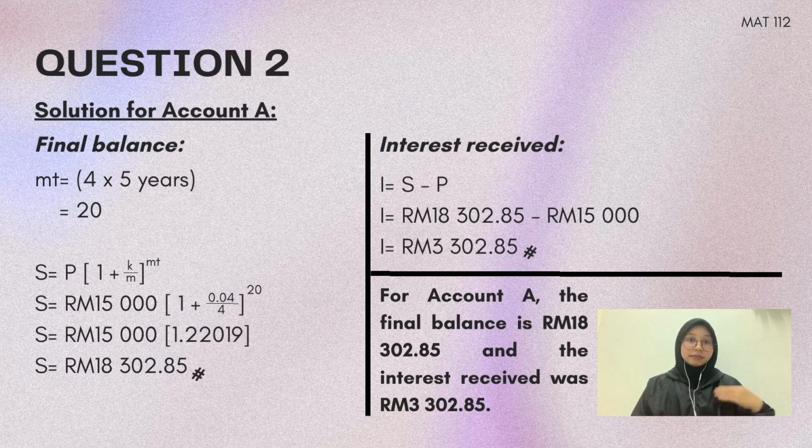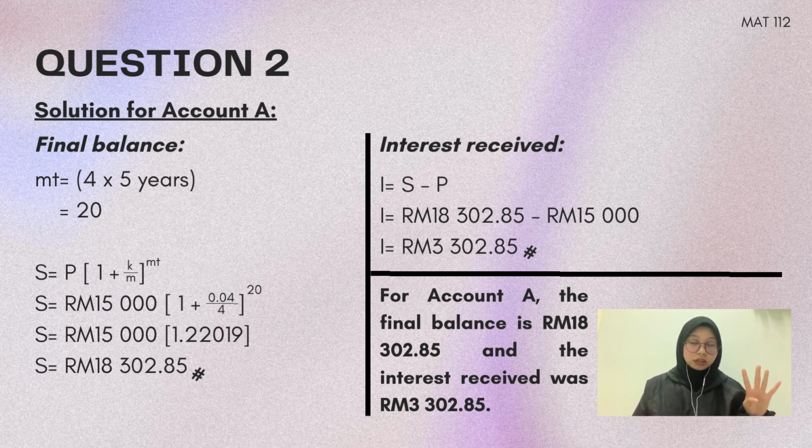To find the final balance, we have to use the future value in compound interest formula, which is S equal to P open bracket 1 plus K over M close the bracket to the power of MT. First we have to find the MT and the K. For MT, account A is compounded quarterly, which means 4 times in 1 year.